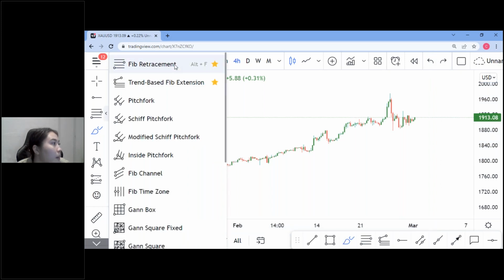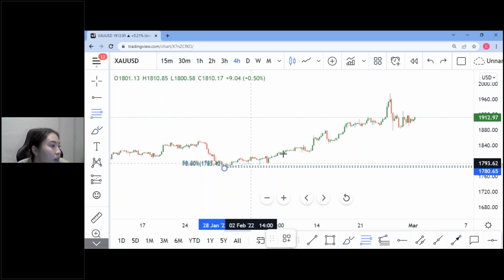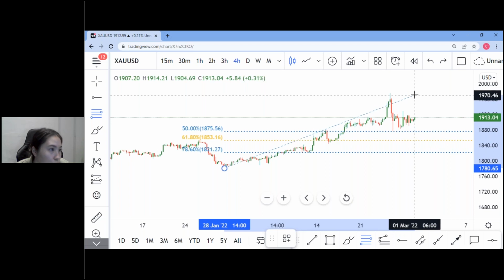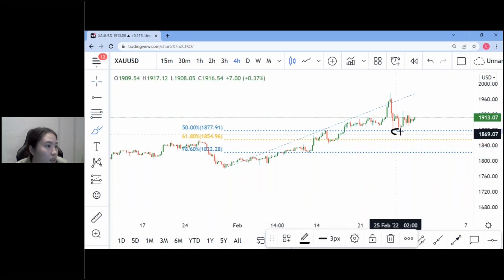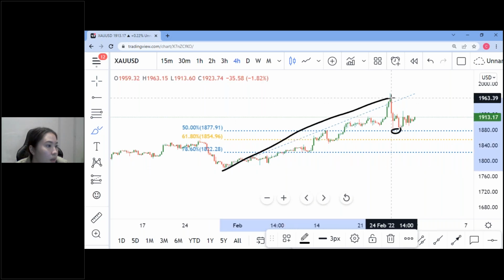Because our bias is uptrend, we can safely assume that the reversal already happened at the 50%. So the price came up, did a reversal, did a slight retracement. That's why it's called retracement, and from here it's gonna shoot back up.